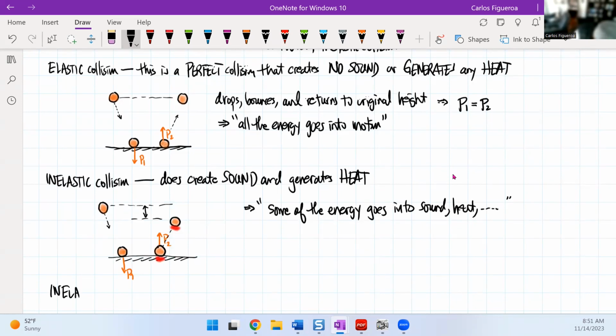Inelastic collisions are usually the hardest to identify.